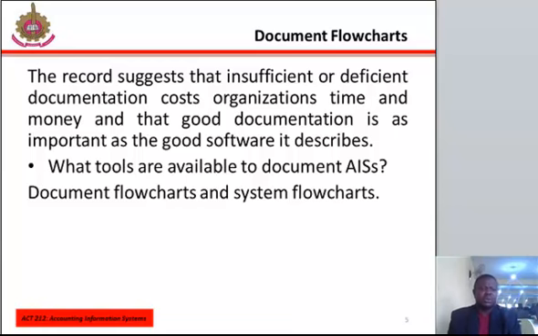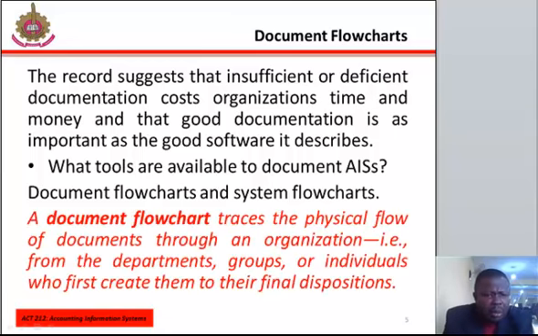We have document flowcharts and system flowcharts. The document flowchart traces the physical flow of documents through an organization, that is, from the departments, groups, or individuals who first create them to their final disposition.